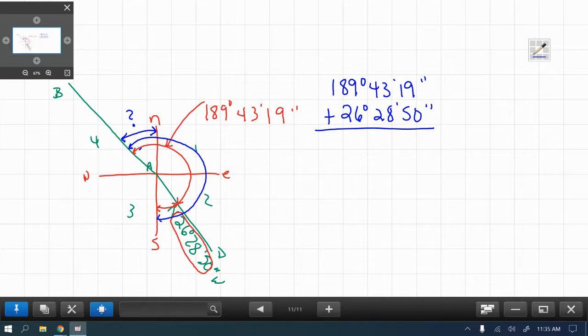So 189 plus 26 degrees, 28 minutes, and 50 seconds.